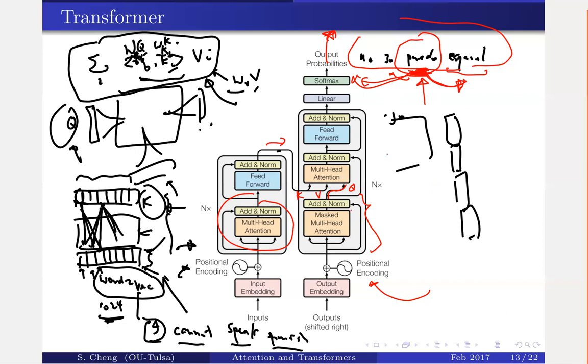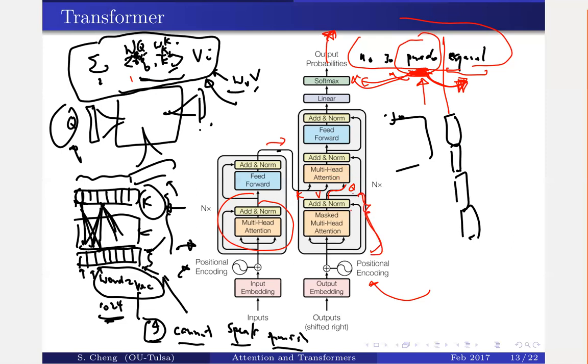What it is simply is I will set the inner product with all the words after my current word to be equal to 0. So then I will ignore all the words after that. That will be the masked attention here.